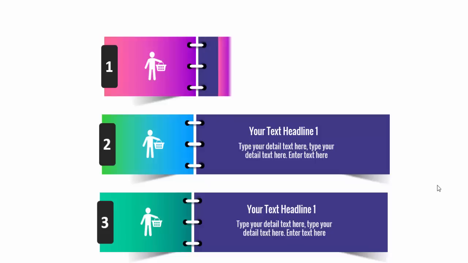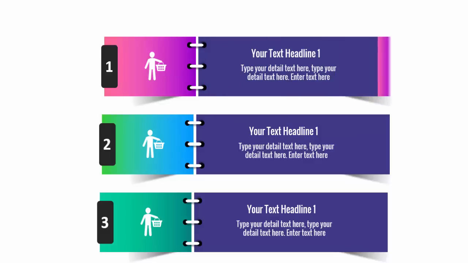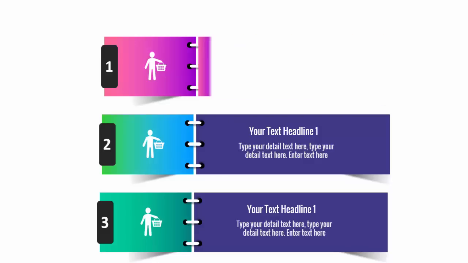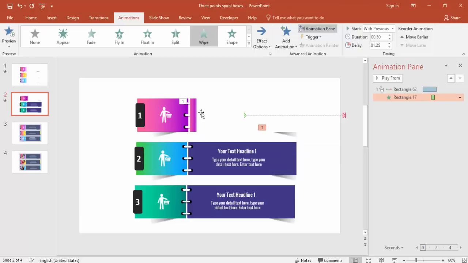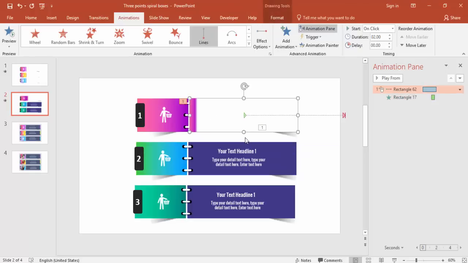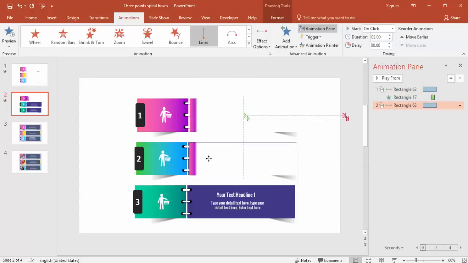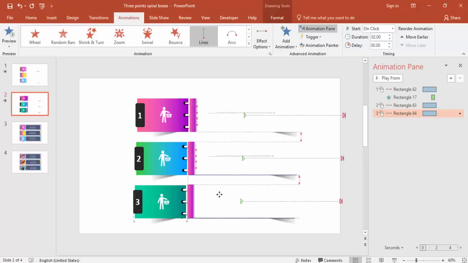If you see here, okay, now it's a cakewalk. Press Ctrl D and bring it here. Alright, press Ctrl D, bring it here, and it's just a matter of changing the colors.